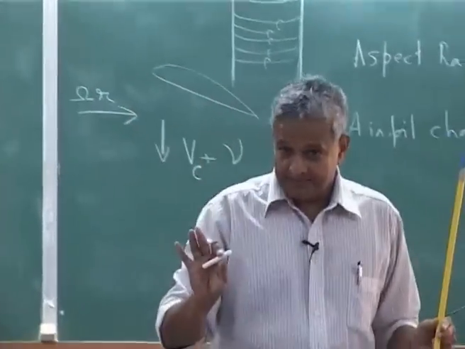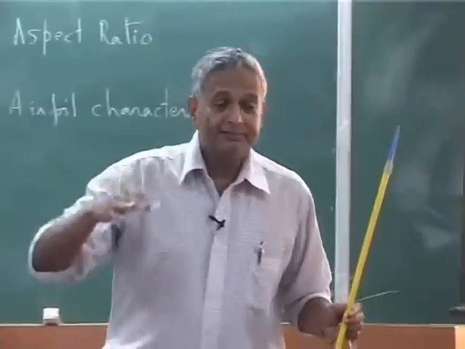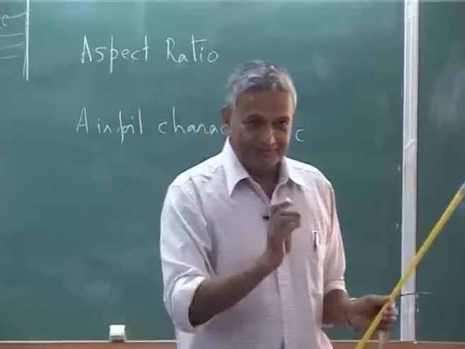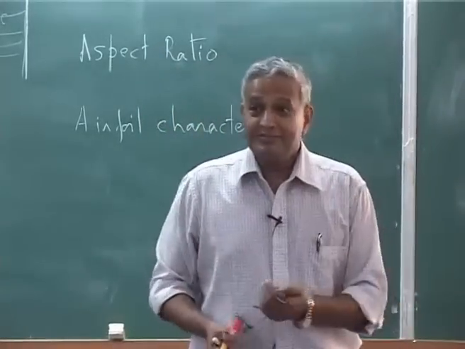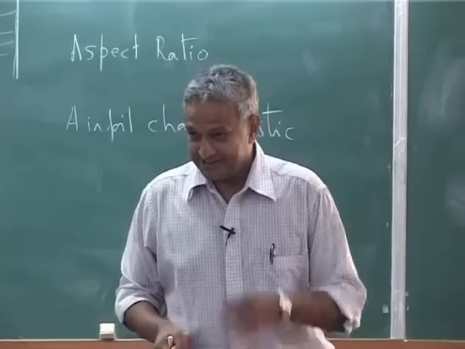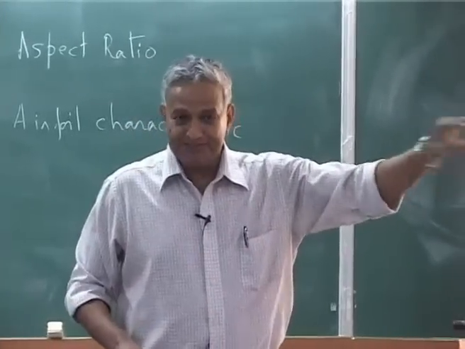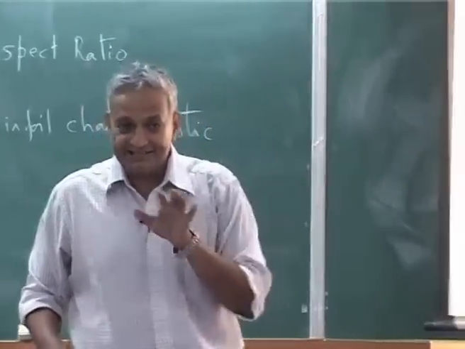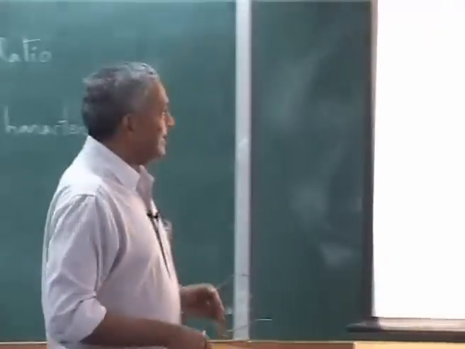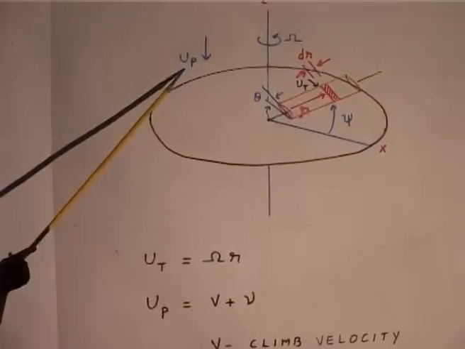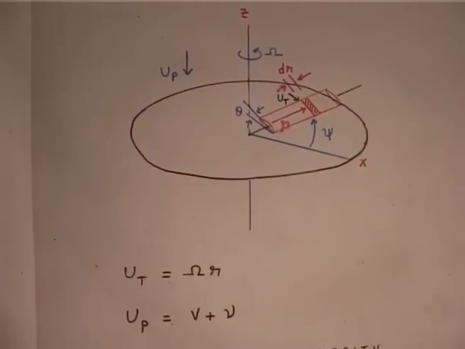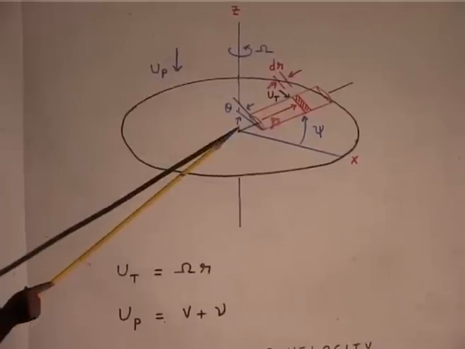You do not know that, but you say I know it somehow. You may get it from any theory. That is where you can use momentum theory, you can use vortex theory, etc. And that is why I marked up, which is perpendicular to the disc.